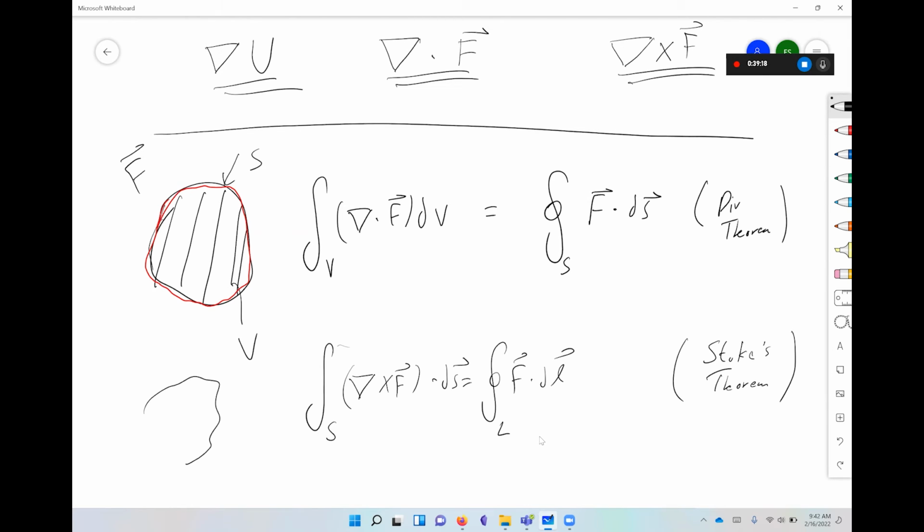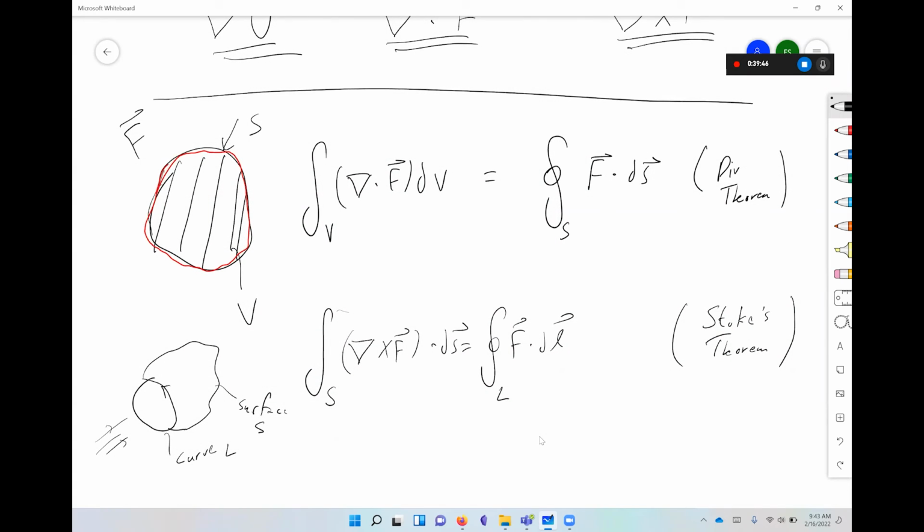It's hard to see, but imagine something coming out of a soap bubble. So the rim of a soap bubble, and this surface is the soap bubble, some kid is blowing into this, right? So this is the curve L, and this is the surface S. And this fact is Stokes theorem.